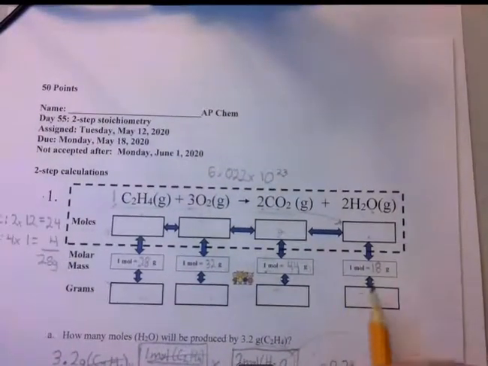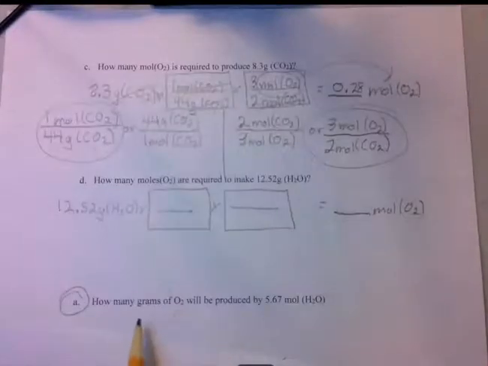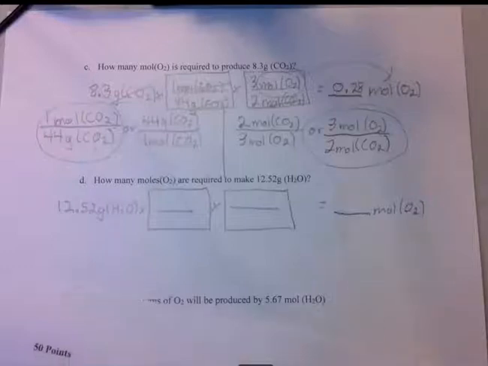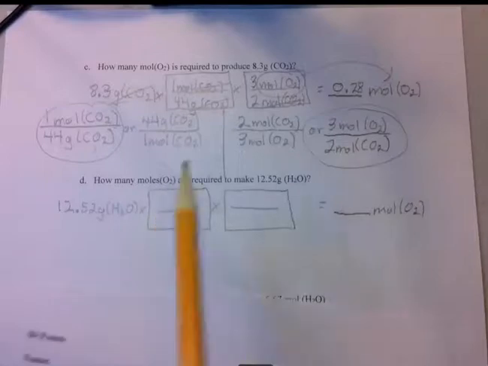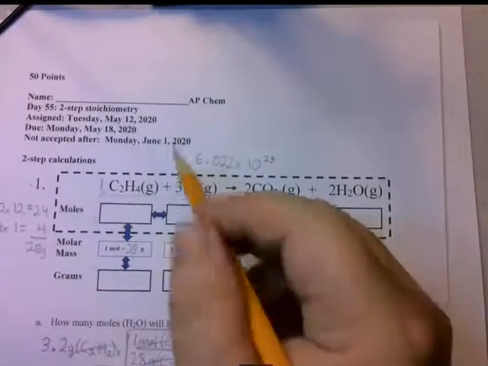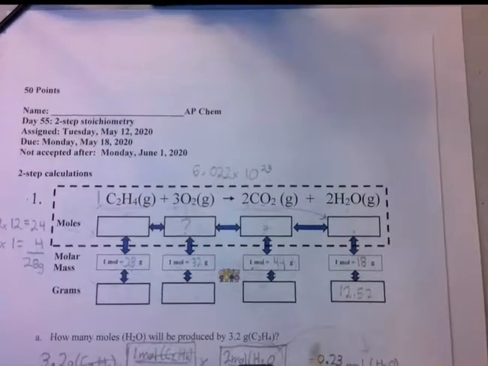We're starting with 12.52 grams of H2O. So here's the H2O column and here's the grams row. So it's 12.52 down here. And I'm trying to find out how many moles of O2 I get out of that. So here's moles of O2 up here. There's the question mark.